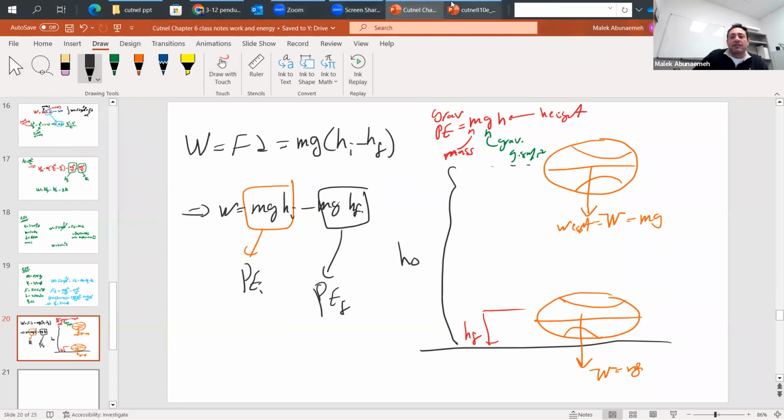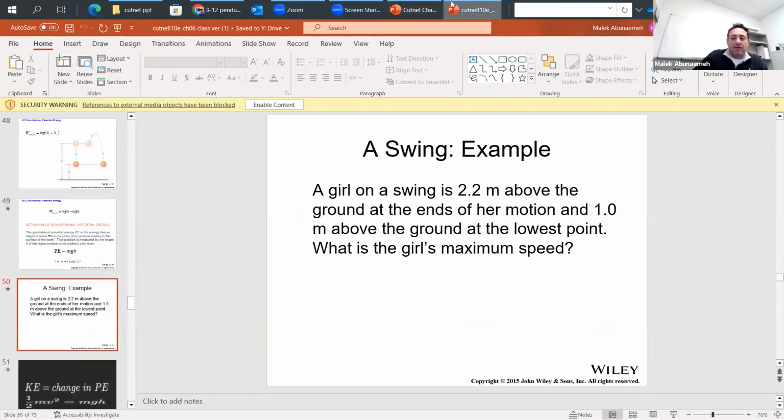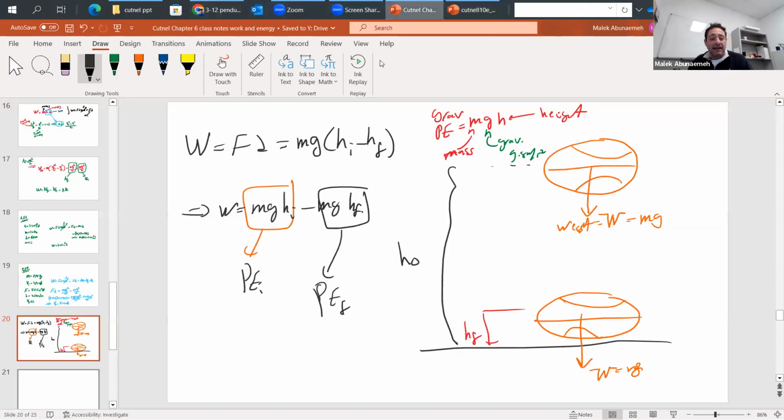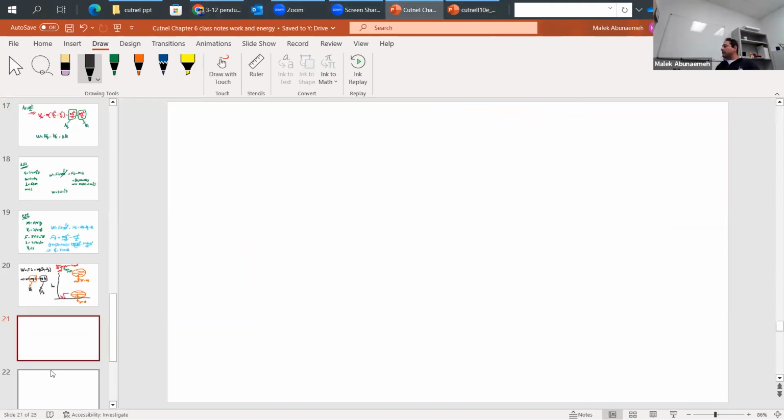So let's do another question, shall we? Let's say we have a girl on a swing, and she is swinging 2.2 meters above the ground at her maximum and 1 meter above the ground at her lowest, at her minimum. What is the girl's maximum speed? So in this case, we have two heights, and this is going to be just an example swing.